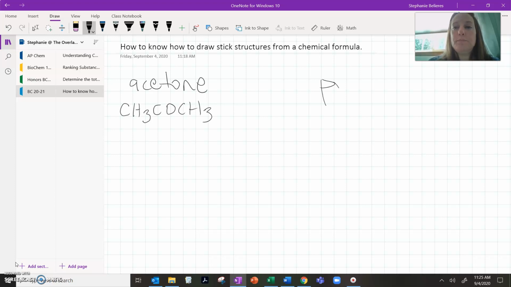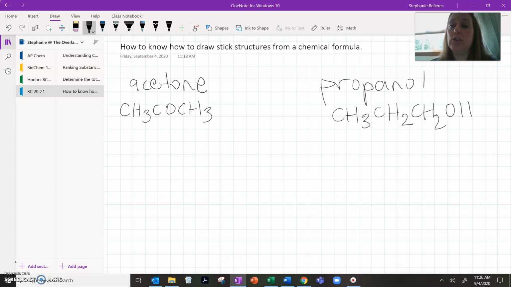And propanol, which is an alcohol with 3 carbons, and this one is CH3, CH2, CH2OH.